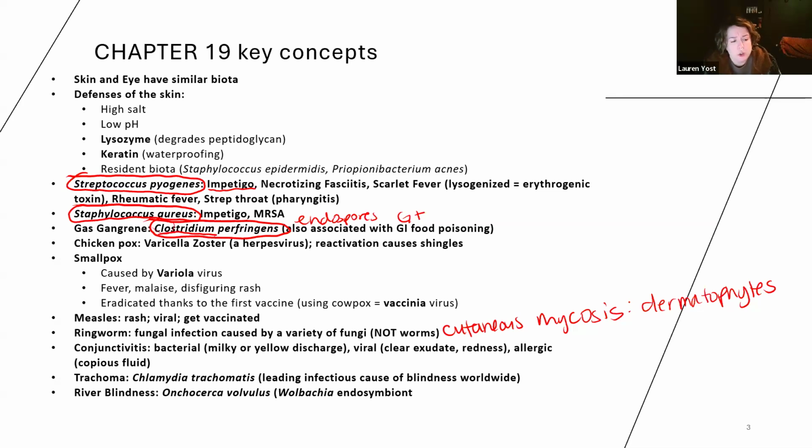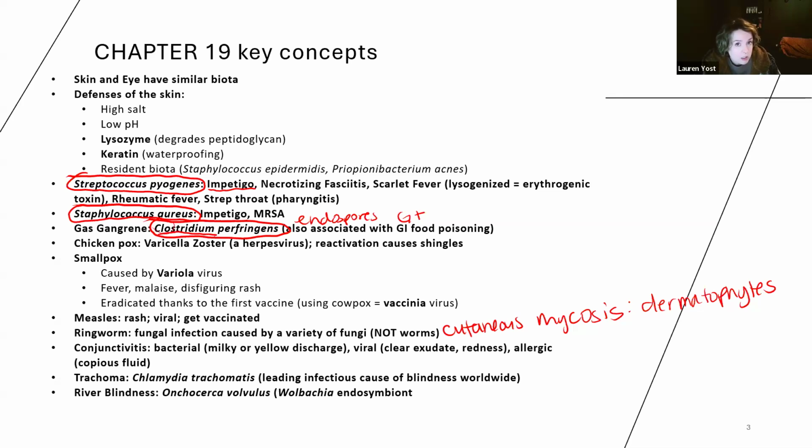And then moving on to trachoma. Trachoma is an eye infection that is associated with chlamydia trachomatis. There are different serotypes of chlamydia trachomatis. The serotypes, the subspecies, if you will, of chlamydia trachomatis associated with trachoma are different from the ones that are associated with chlamydia, the sexual disease. But they are both chlamydia trachomatis, okay?